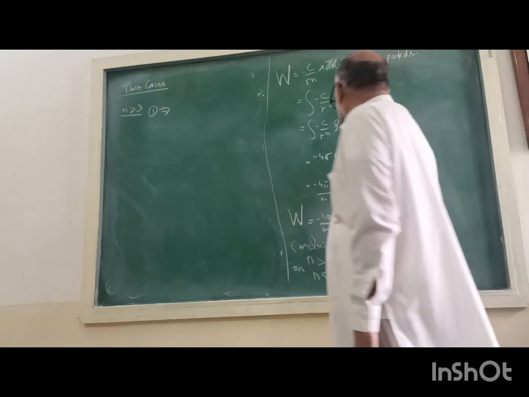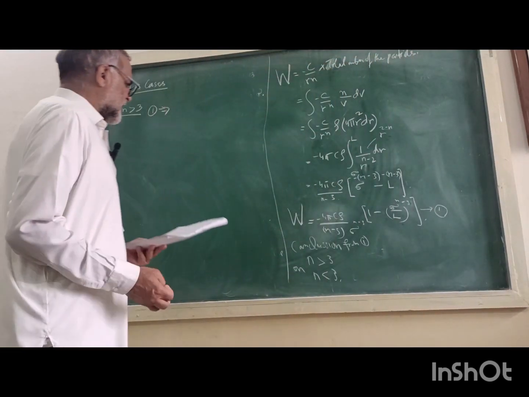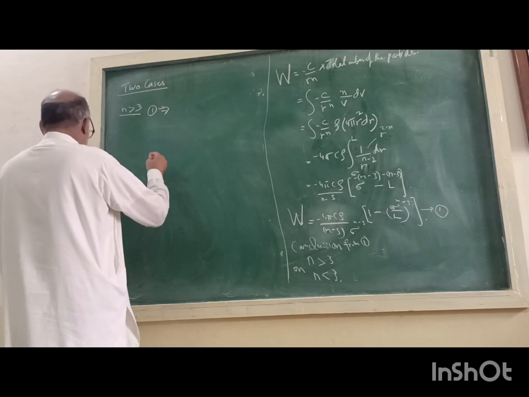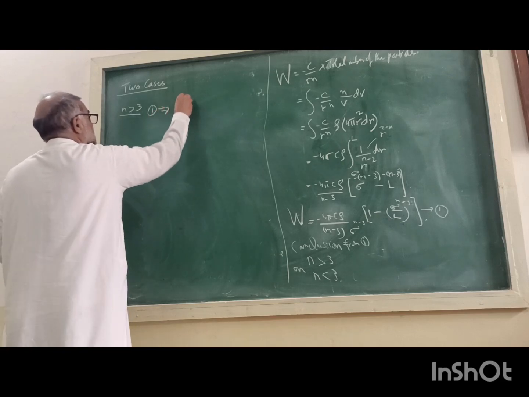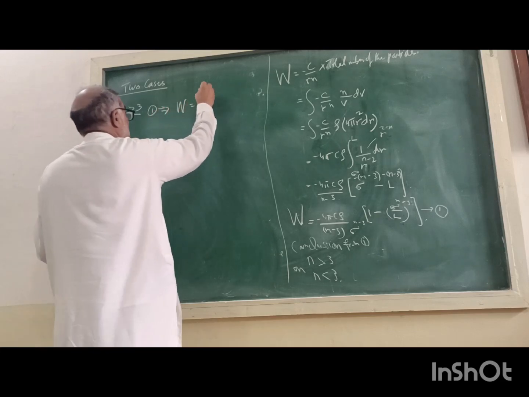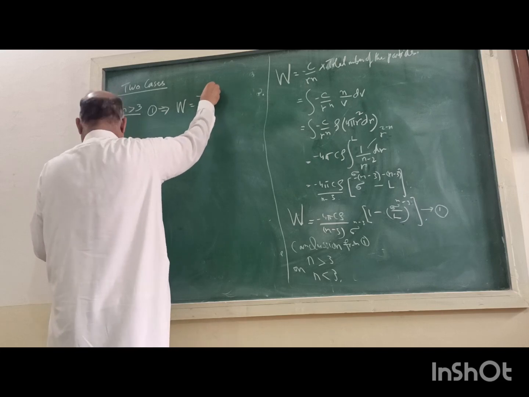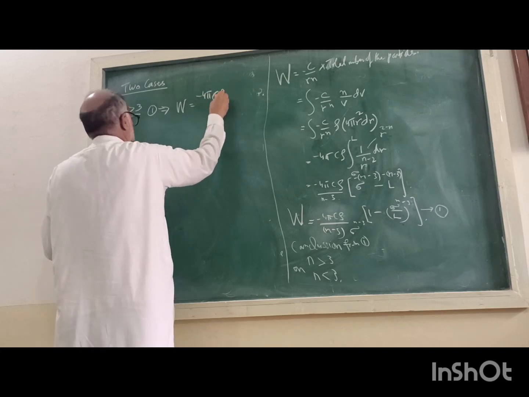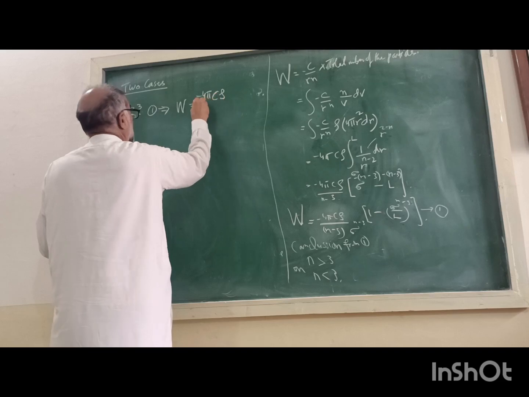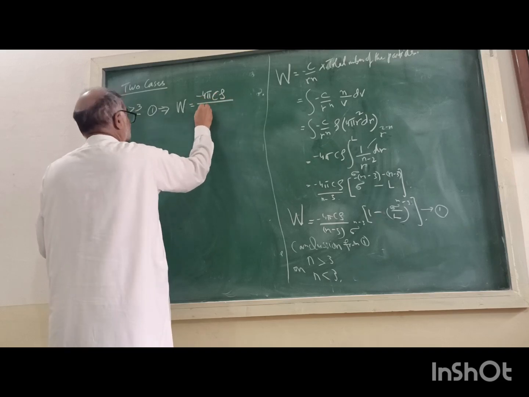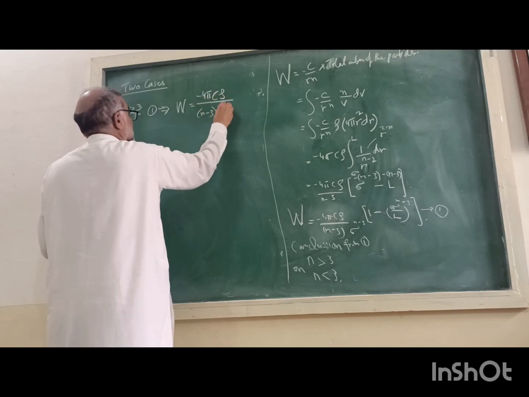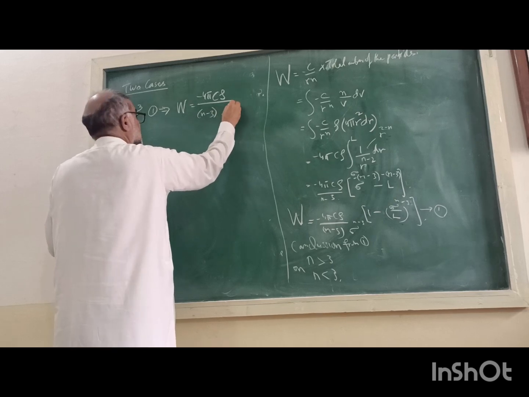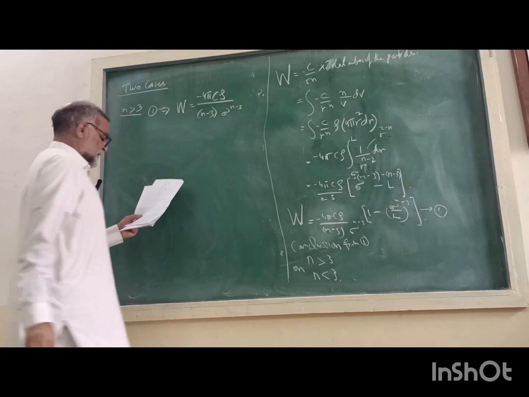So we will say that W will be equal to minus 4 pi C rho over n minus 3 and sigma to the power n minus 3.